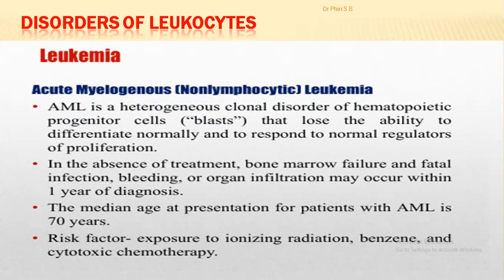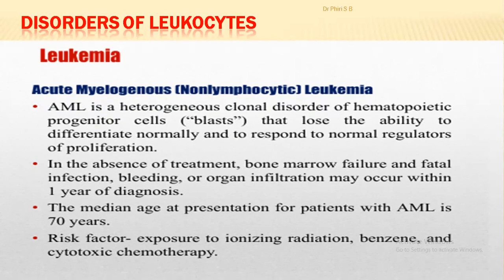You find that those regulating substances, the growth inducers and the differentiation inducers, won't have any effect on these cells. So they're not responding, and they're not differentiating into committed cells that will become eosinophils, basophils, neutrophils, monocytes, red blood cells, or platelets. So you have less of these cells in circulation. It's more severe, the acute myelogenous leukemia, because most of these cells won't be there in circulation.